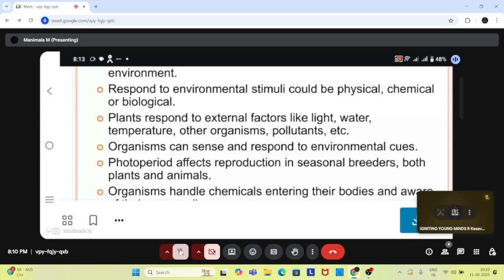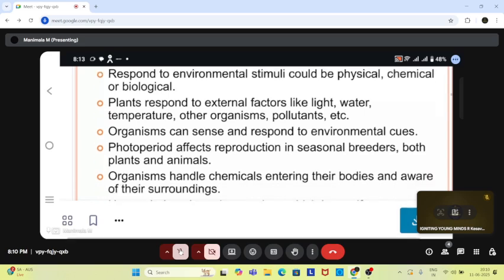The sunlight is essential for photosynthesis. If the duration of sunlight is less, it will affect the plant growth and yield. So photoperiod means the time period of light, how long we have sunlight, and the plant is affected based on that.